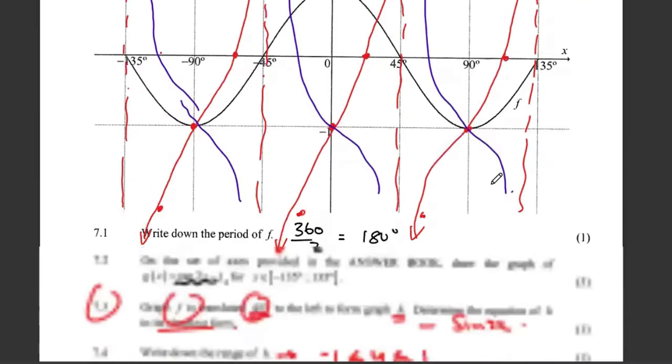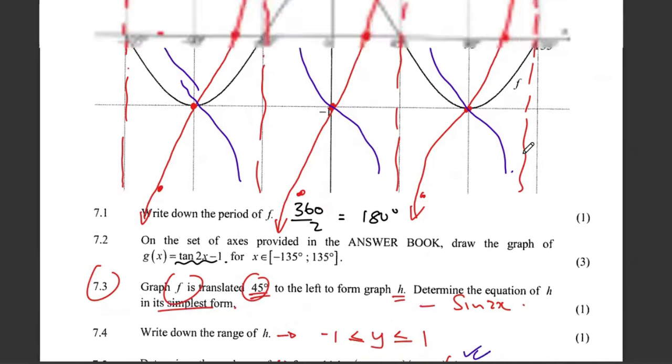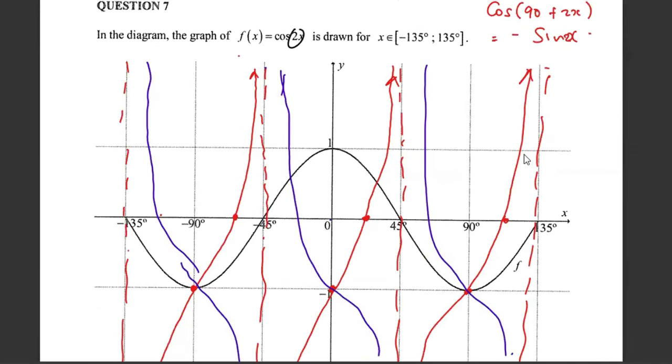Now the question is, we need both to be positive, but our points of interest are between 0 and 135. So from this point here, where do we find both graphs to be above, and where do we find both graphs to be below?